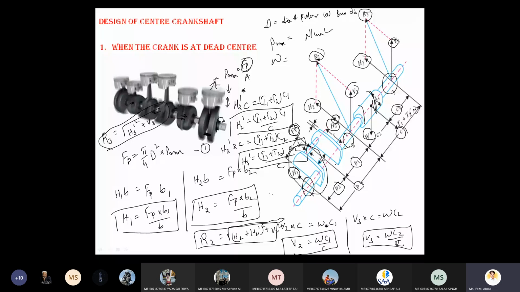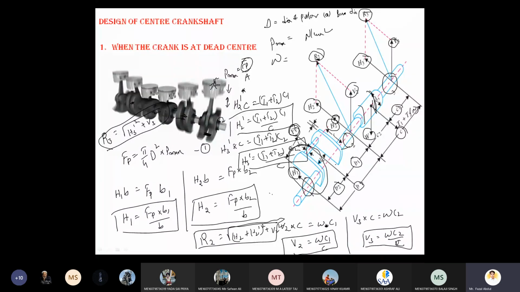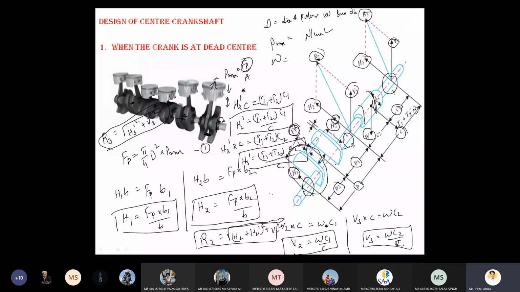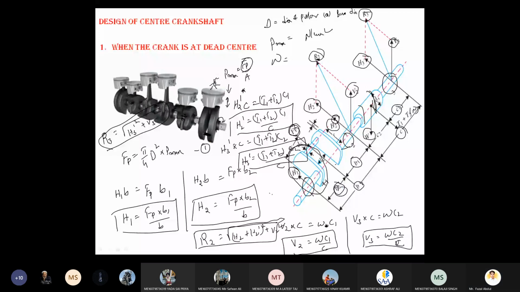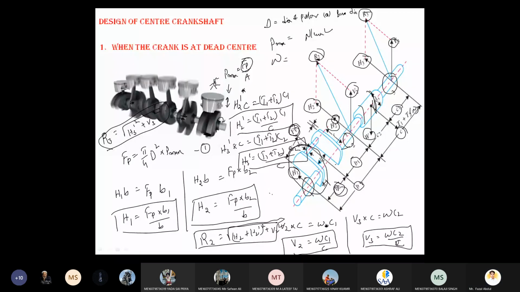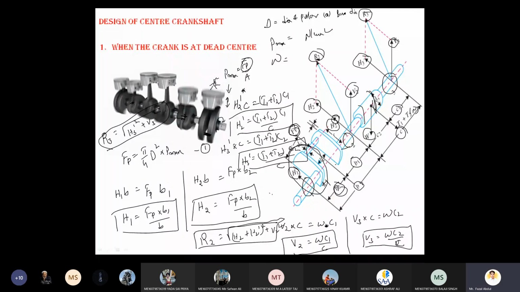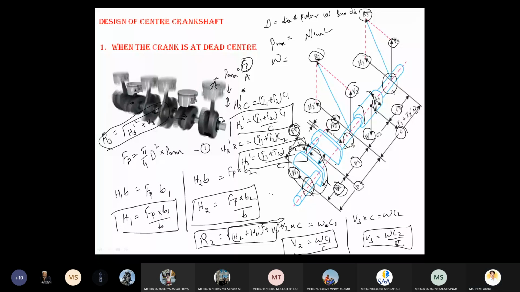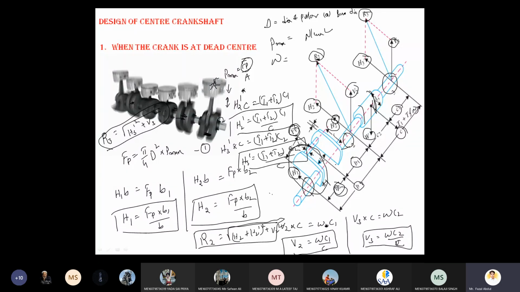On the left hand side, H1 and B2 are acting. What are the parameters here? H1, B2, TC, and the thickness T. So these parameters act. Now I'm calculating the bending moment for only the left side of the crank web.